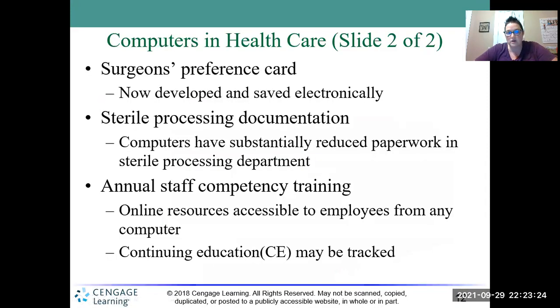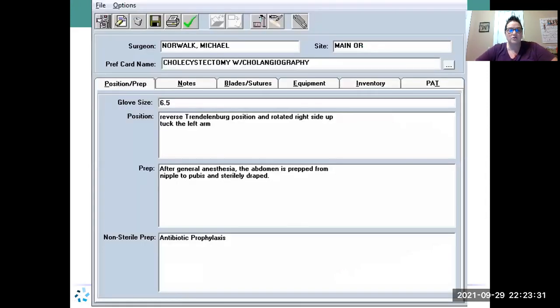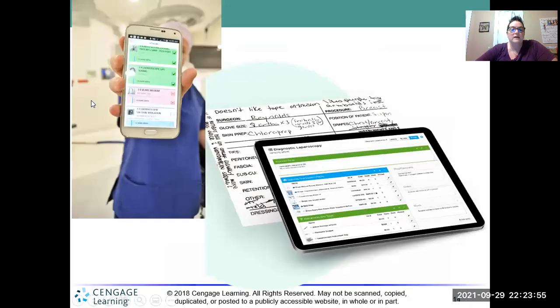So of course, a preference card is the surgeon's instructions that's going to be provided prior to the case. So you're able to know the glove size of the physician, the position. So here, this one's reverse Trendelenburg, rotated right side up, tuck the left arm, the prep, non-sterile prep, and then the notes, blades and sutures, equipment, inventory, everything that you're going to need to be able to pull for this case.